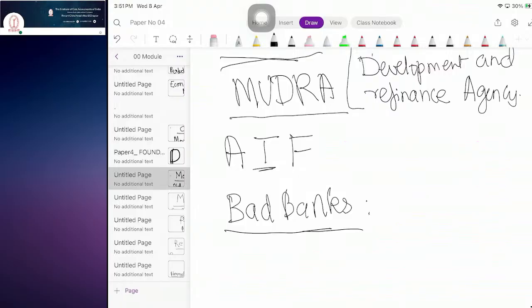And if a large number of people default, then the bank itself gets into trouble, which is called a bad bank. Okay, did you get the idea? What is a bad bank? Okay, a bad bank is a bank whose investment is in restructuring a business.